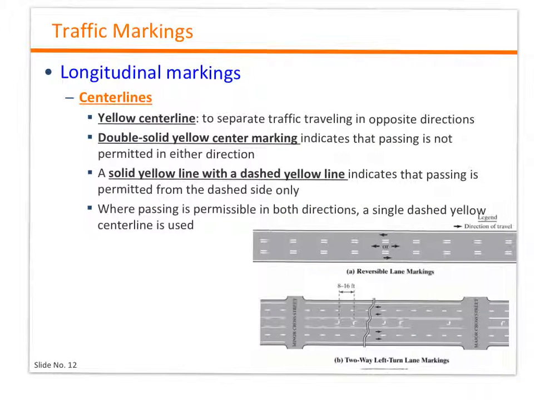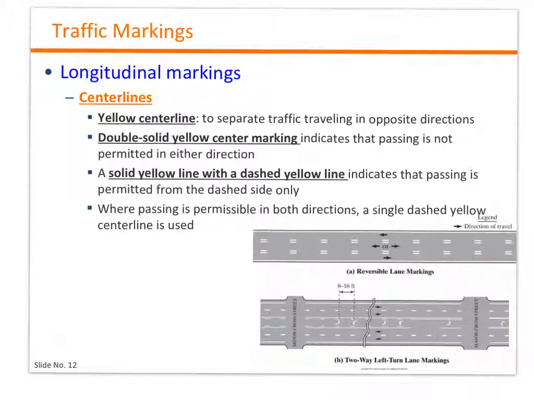So when it comes to longitudinal marking and the usage of the center lines, we use a yellow center line in order to separate traffic traveling in opposite directions. And when it comes to those yellow center lines, we use a double solid yellow center marking to indicate that passing is not permitted in either direction, or we can use a solid line with a dashed yellow line.